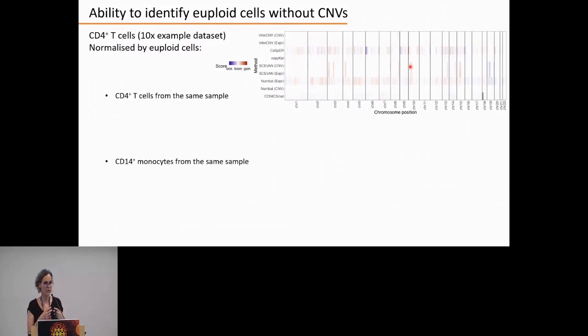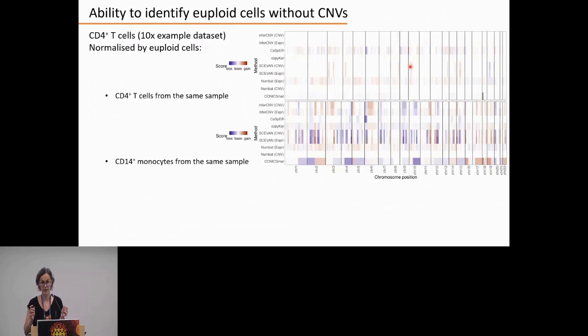Often when you have a sample with a tumor, you will take the immune component, assume the immune component is fine, and normalize your cells by the immune component. So we took the T cells and we normalized them by the monocytes. And we got quite a lot of copy number variations. Then we did something that a lot of people also do, which is to say, well, my sample is all messed up, but I have a healthy donor with the same cell types, and I could use it for normalization. So we took CD4 T cells from another sample and used them for normalization.